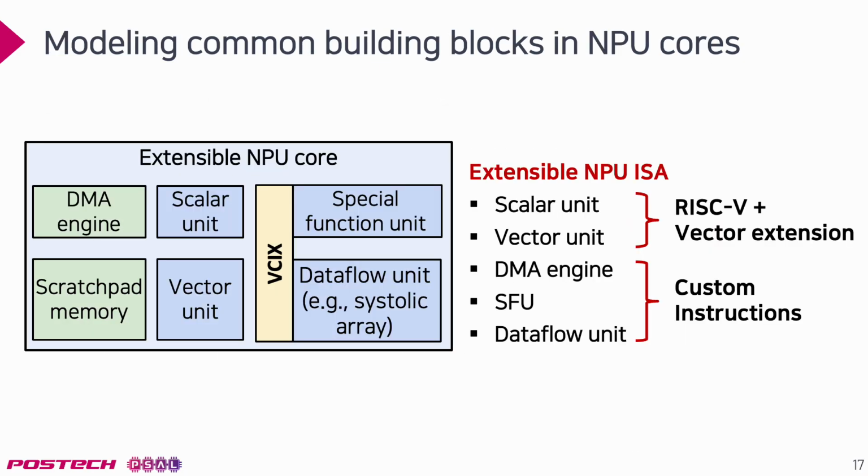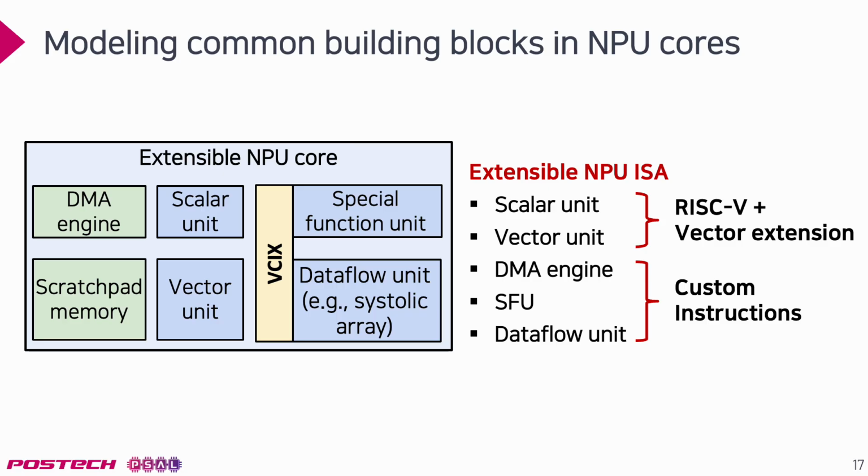So our MPU model has these components: the DMA engine and scratchpad memory, and scalar and vector units for computation. In addition, to accelerate matrix multiply operations, we adopt a dataflow unit such as a systolic array. And to support transcendental functions and trigonometric functions, we also add a special function unit.